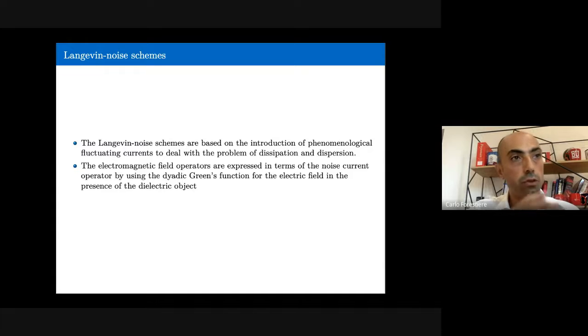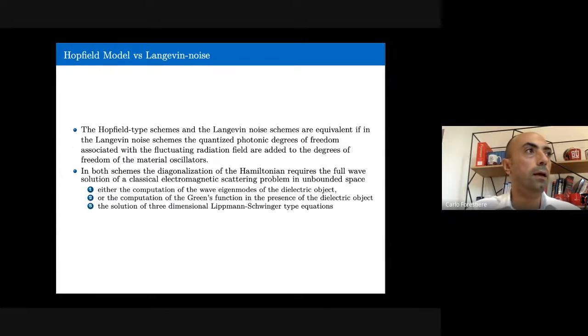So at the end, in order to describe the problem quantum mechanically, we have to know, we have to compute, the classical Green function. These two approaches, the Hopfield approach and the Langevin noise scheme, are basically equivalent, and this has been proved in the literature.